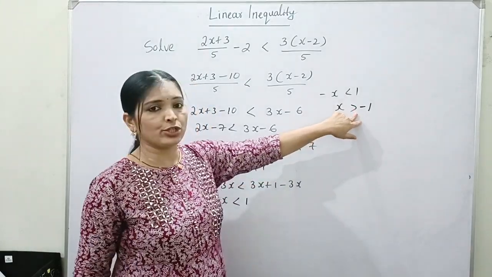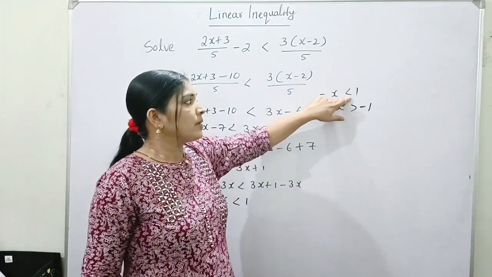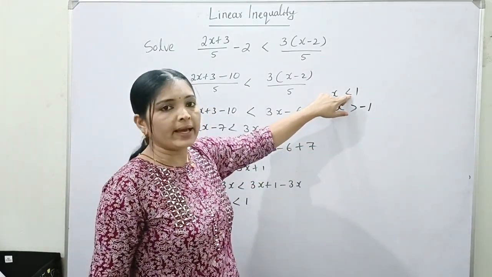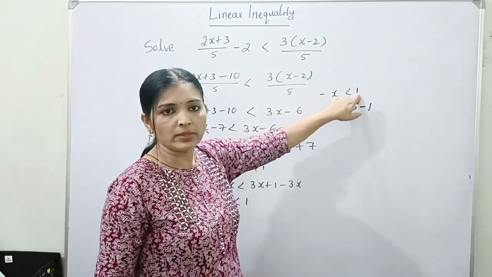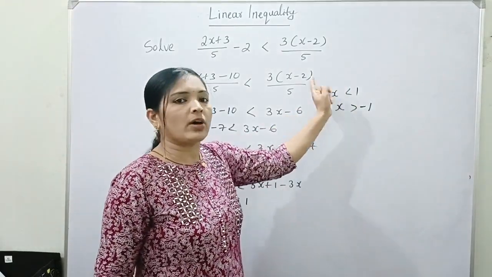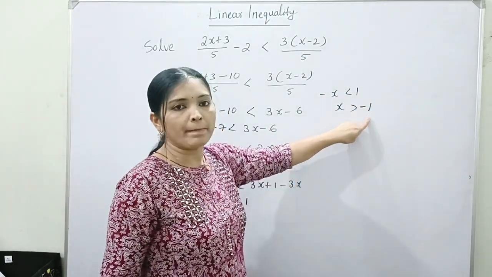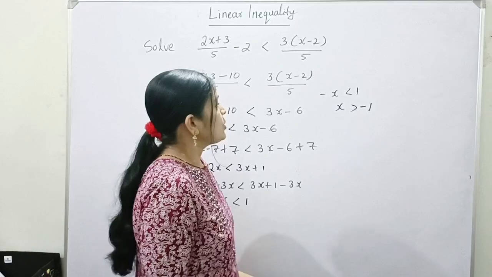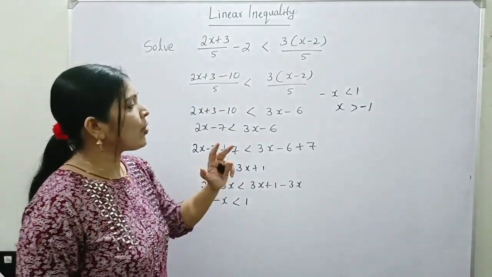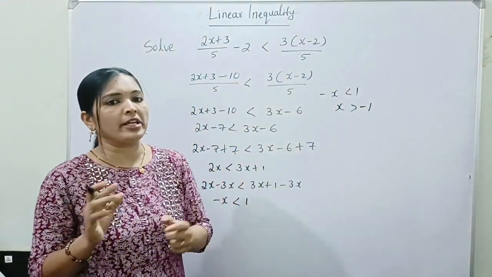Inequality changed to greater. Initially it was minus x less than 1, so multiplied by minus 1 on both sides, it will become x greater than minus 1. So here we have got the range of x: x greater than minus 1.